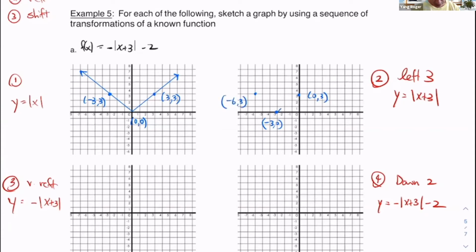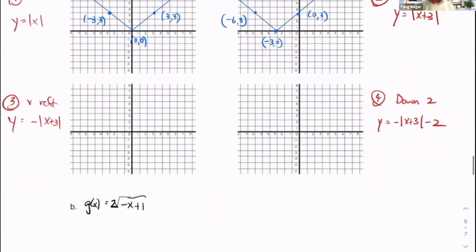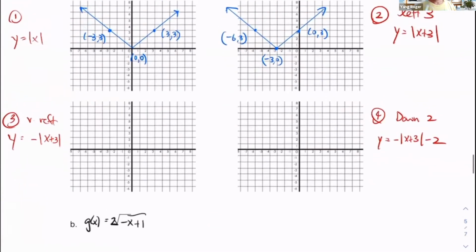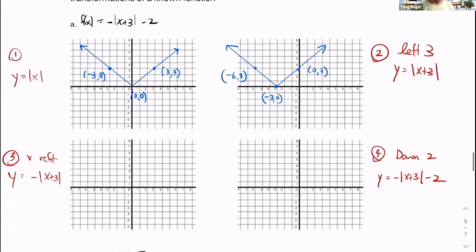So then when we go and graph our first transformation, it looks like this. Does that make sense? Maybe I should say subtract 3. I'll write that in here.